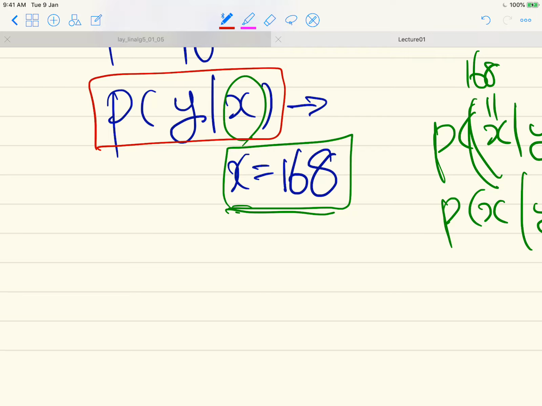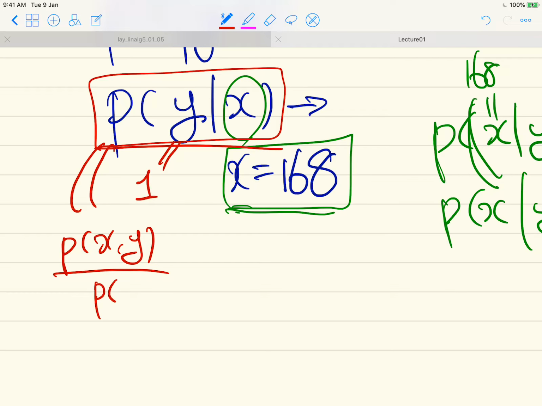So it can be viewed as a Bernoulli distribution where the probability of this guy being 1 is 0.7, and the other one is 0.3, right? Okay, so in this case, we just rewrite it into this form, joint divided by this marginal of x.